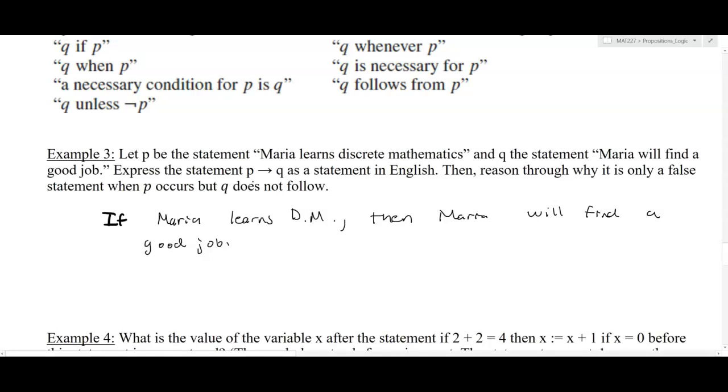But she would call me out as a liar if she learns discrete mathematics and doesn't get a good job. So the only time this statement would be false would be when Maria learns discrete math, but the consequence is not that she finds a good job.